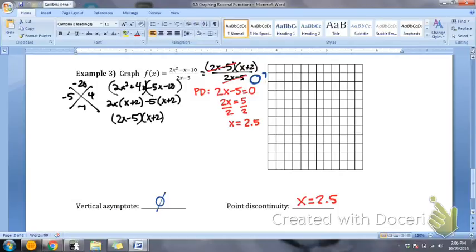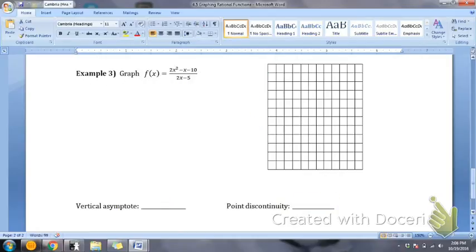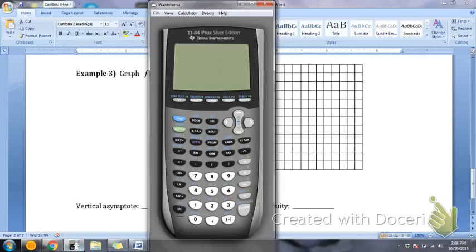Okay, so now you're going to use your calculator. Please make sure that you put the whole thing in parentheses because, again, you're going to get the wrong answer if you don't put it in parentheses.